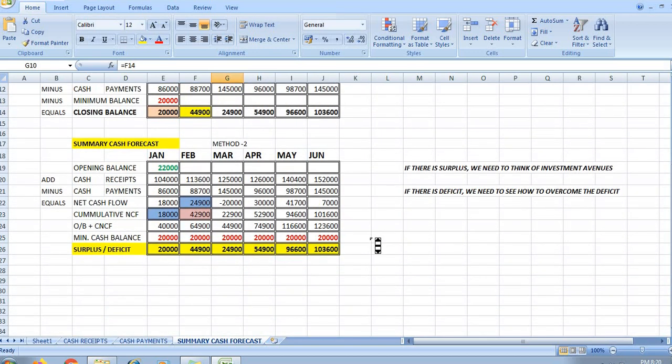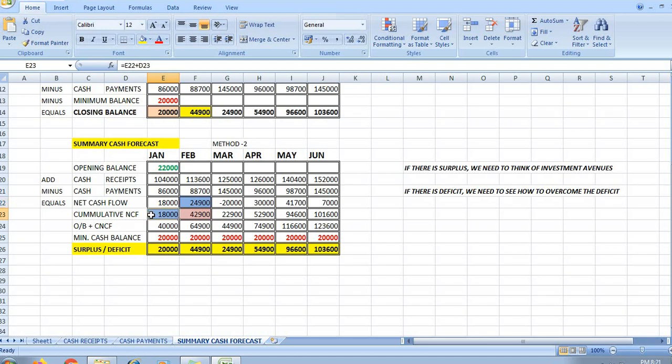There is another way of doing it. Opening balance, I will keep it out here. Add the cash receipts. Subtract the cash payments. Then I have something known as a net cash flow. Alright. The next one says cumulative net cash flow.